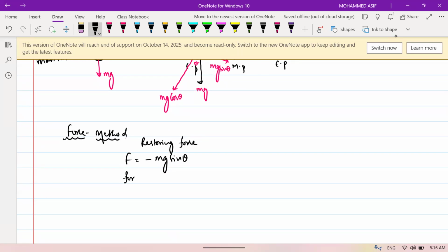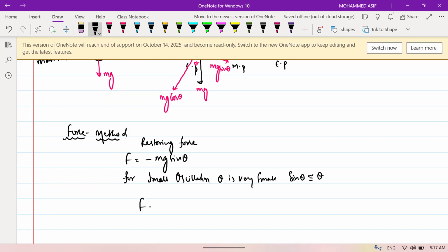For small oscillations, beta, every time you remember, SHM is seen for small oscillations only, beta. Theta is very small, like 1 into 10 to the power of minus 6, 0.1, 0.2, something like that. So in that case, sin theta will be approximated to theta, isn't it?